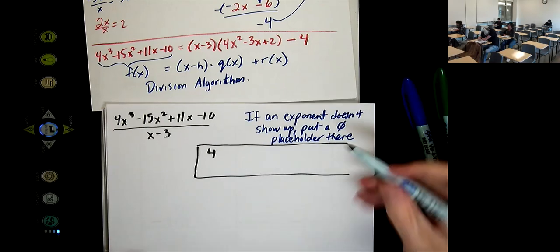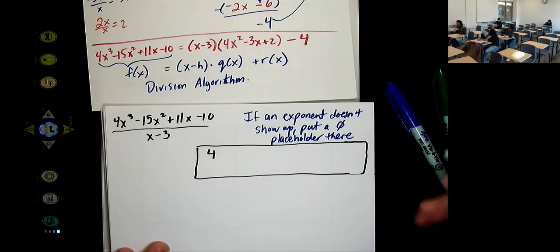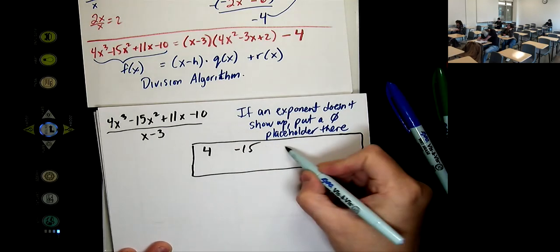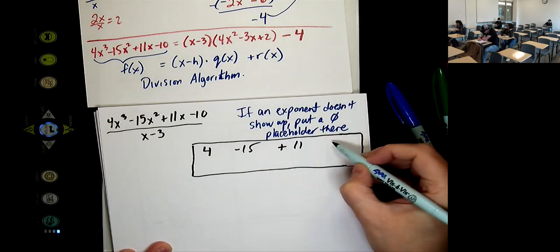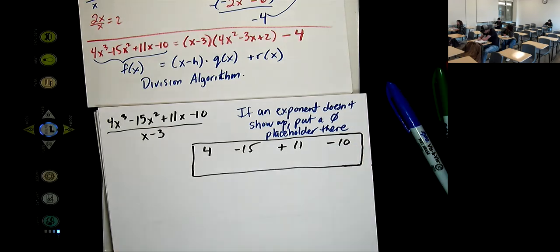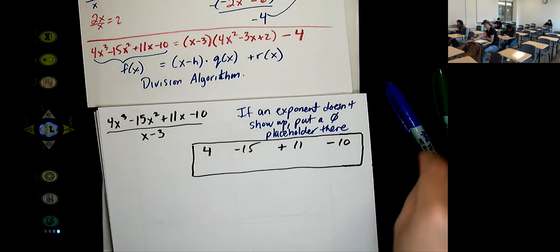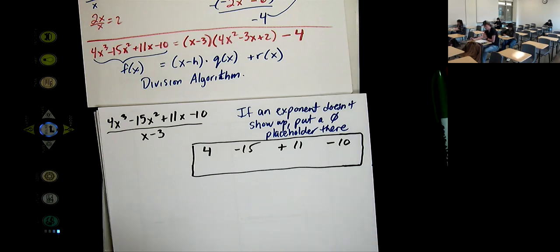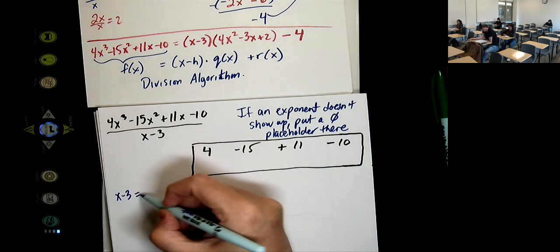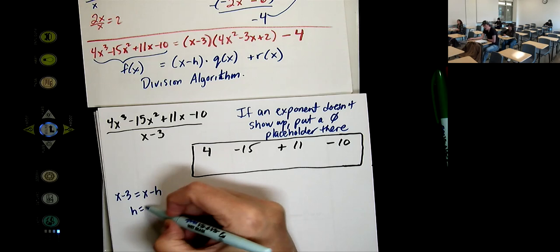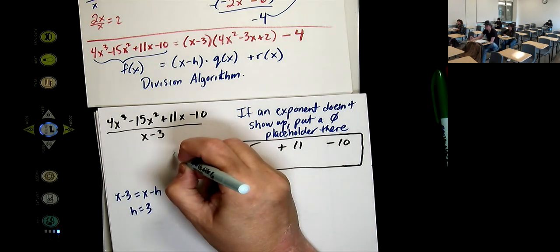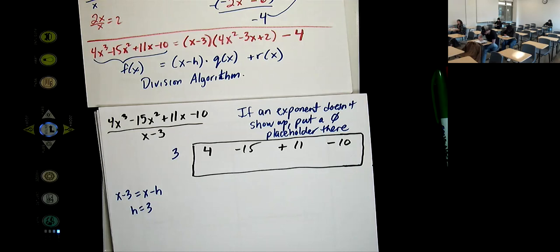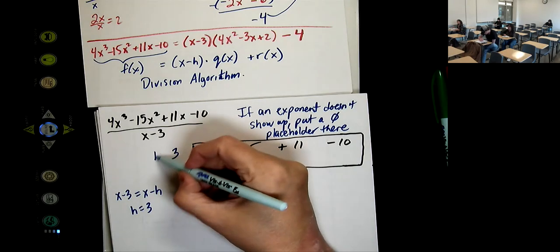In this problem, that doesn't happen, but I want to make sure you know it from the beginning. So if x minus 3 is like my x minus h, then h equals 3. That's what I'm going to put out front. So it's kind of like the opposite sign of what you're dividing by.